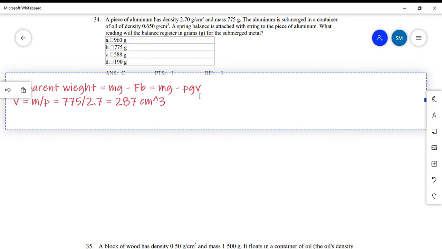So the second step, we will substitute in this rule. The apparent weight is the mass, which is 775, times the gravity, which is 10, minus the density of the oil, which is 0.65, times the gravity, which is 10, times the volume.